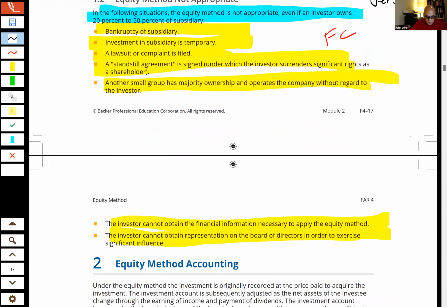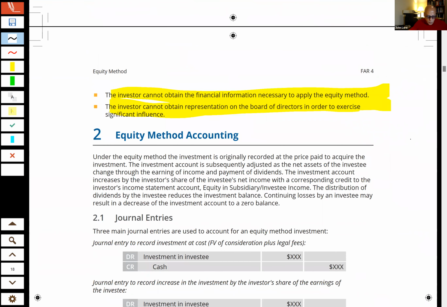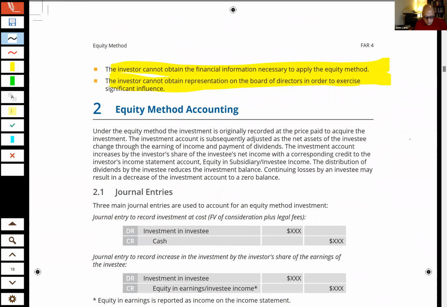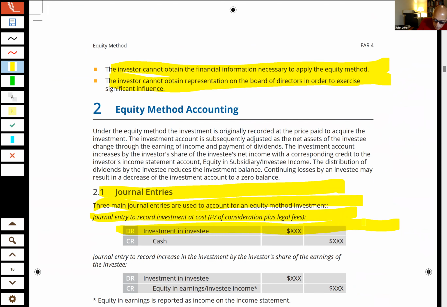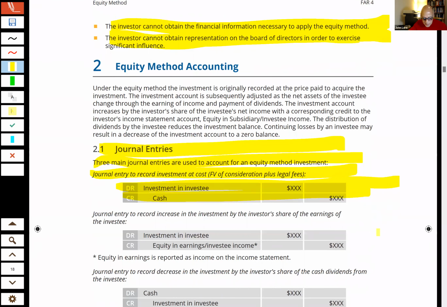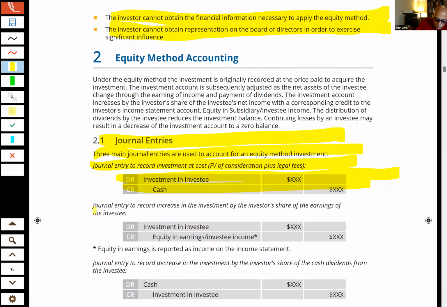Now let's just take a look at what happens under the equity method. Let's understand it through the journal entries, and we're going to look at some numbers in a second. But the main three journal entries: when you acquire the stock, you obviously debit the investment, credit the cash. Then you will report on the income statement.